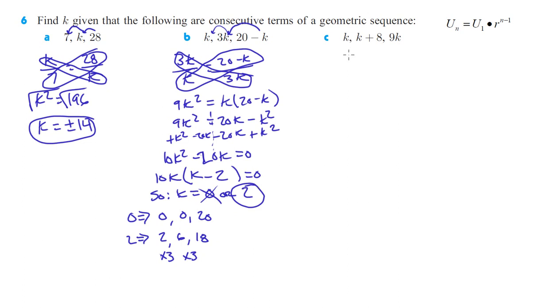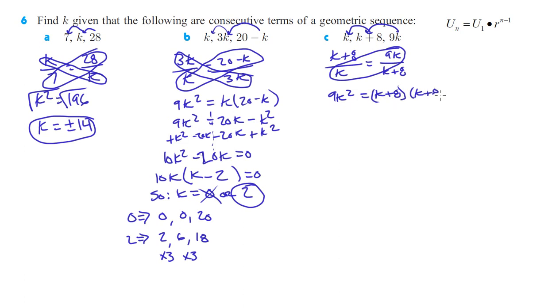All right. For C, we're going to do k plus 8 over k, and that should equal 9k over k plus 8. So cross multiply. 9k times k is 9k squared, and that's going to equal k plus 8 times k plus 8.